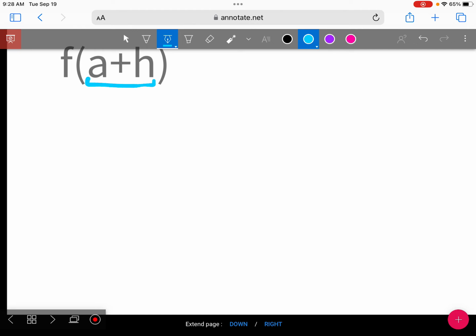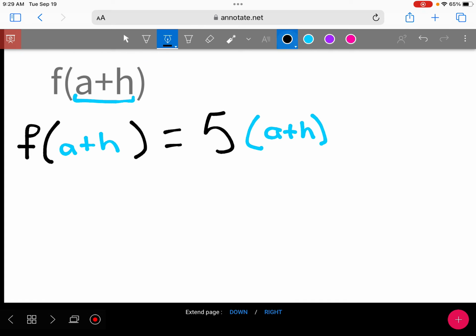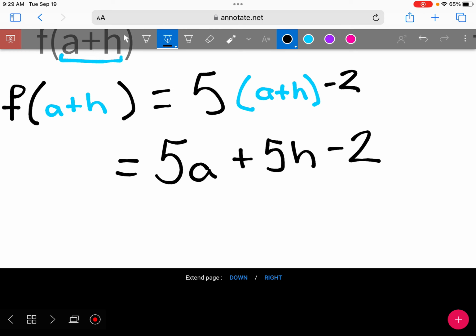So f of a plus h is 5 times a plus h minus 2. So what can I do to simplify that? Distribute it. 5a plus 5h minus 2.